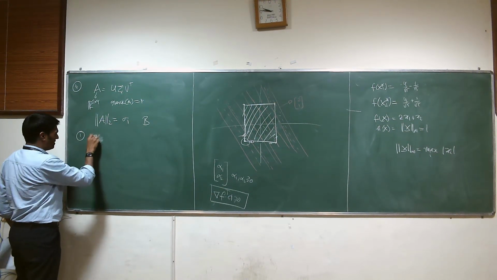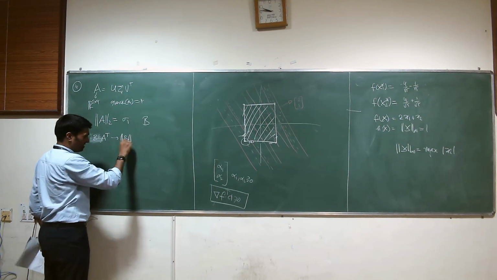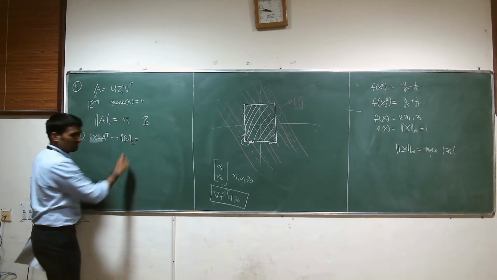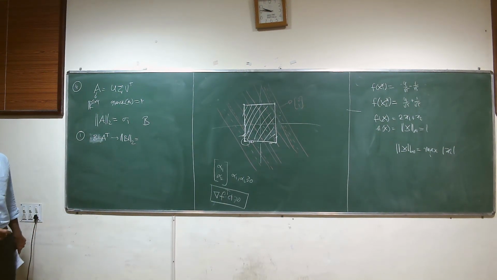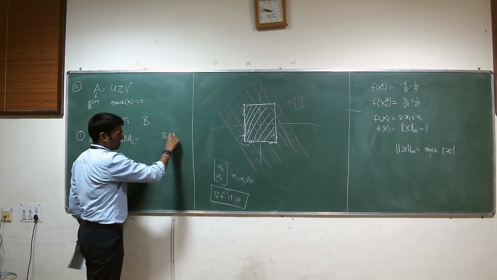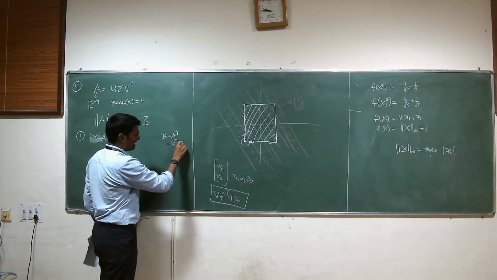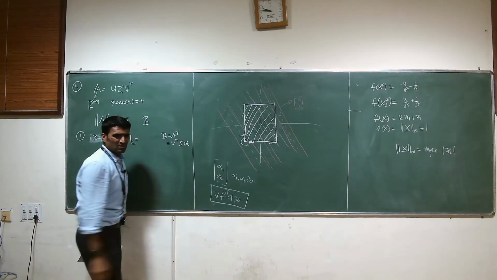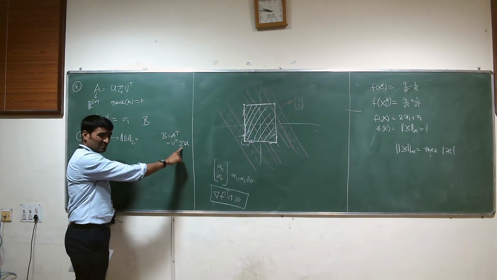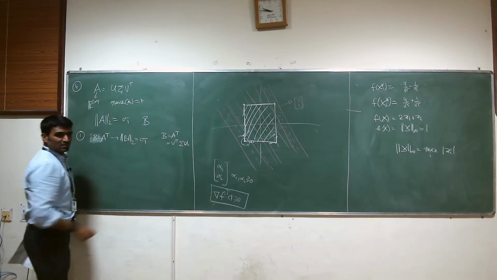Well, if B was equal to A transpose, then why is it sigma 1? Yes. All that will happen is this. The singular values of B are still sigma 1 to sigma 4, and the largest value is sigma 1. So this is sigma 1.